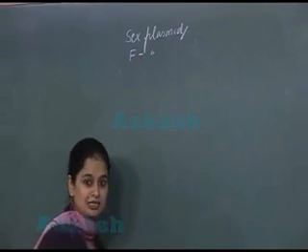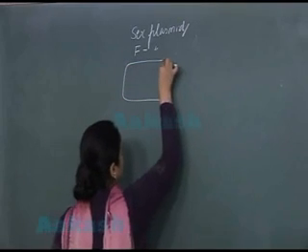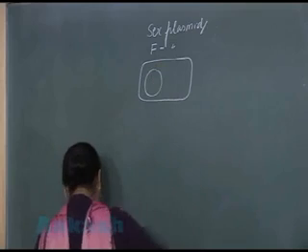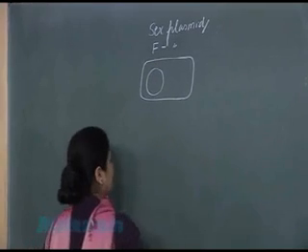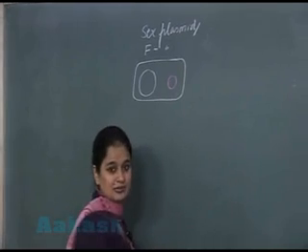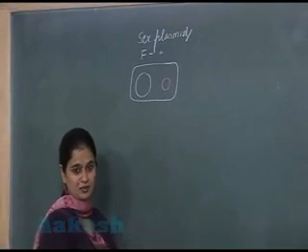F is fertility plasmid. Let's say this is our bacterial cell. In the bacterial cell, this is the main DNA, and along with the main DNA there is the presence of F plasmid.